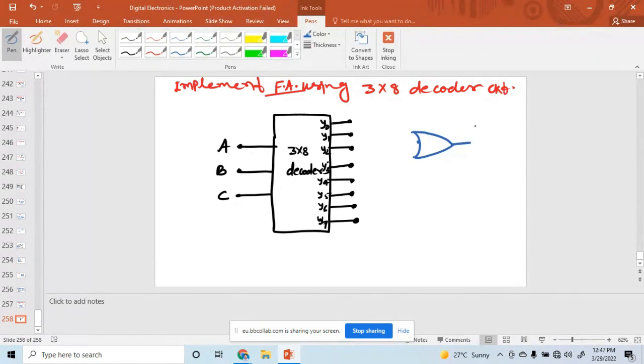This gives the expression for sum, and you use another OR gate that gives the expression for carry.